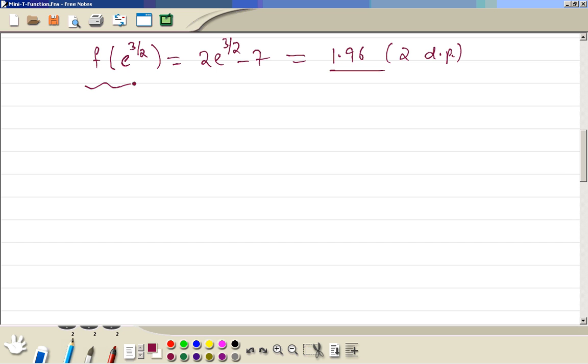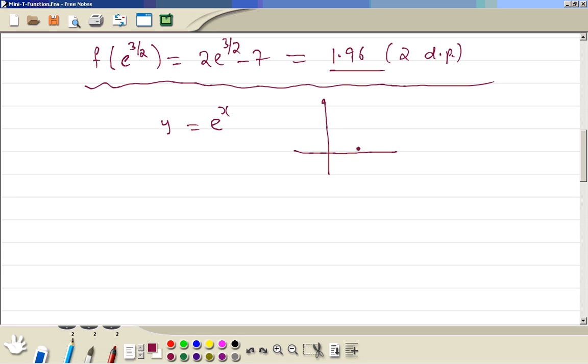Just to explain a little bit more about the sketches. So if we have y equal to e to the power x, the sketch looks like this. It goes through this point, which is (0, 1).